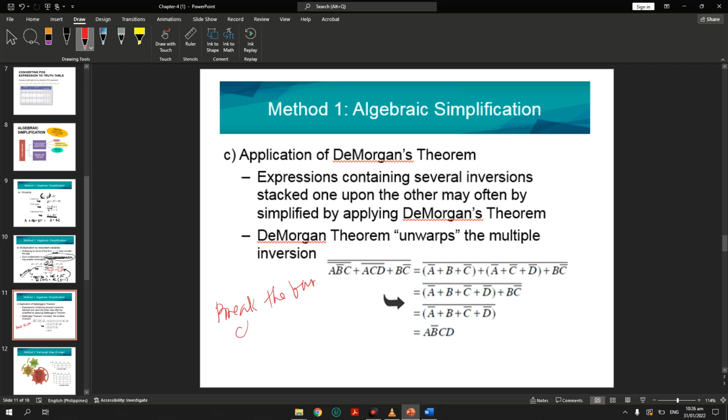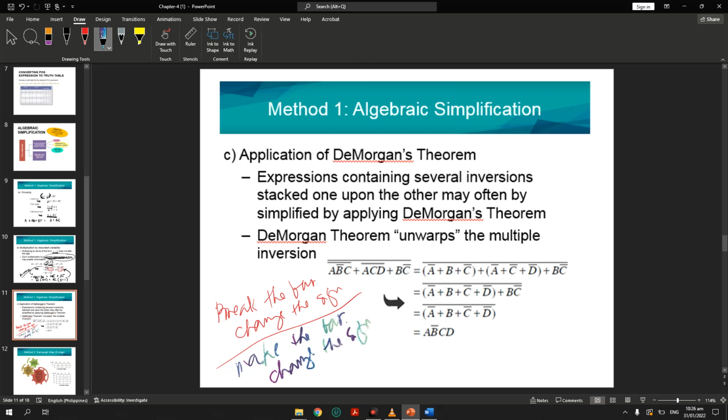So in De Morgan's theorem, we are following this rule: break the bar, change the sign. Or otherwise, if you want to make the bar, we also have to change the sign.